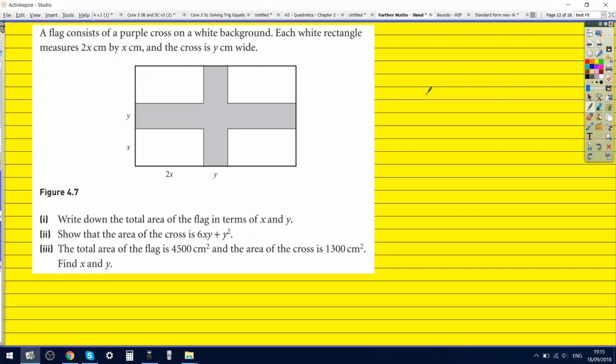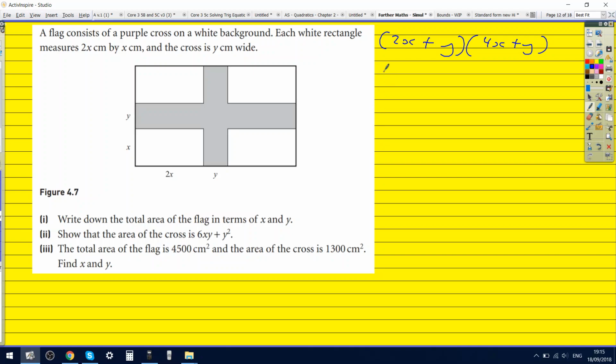Two x plus y in one bracket, and then in the next bracket we could have 4x plus y. Write down the total area of the flag in terms of x and y. That's fine.